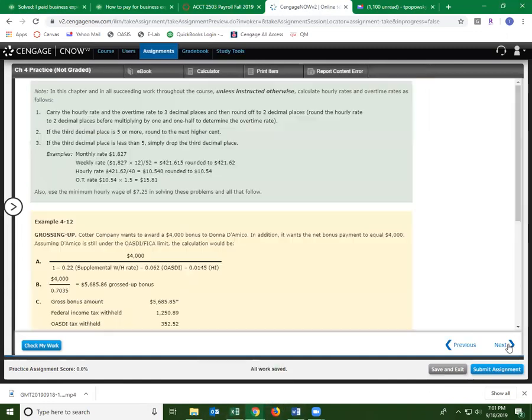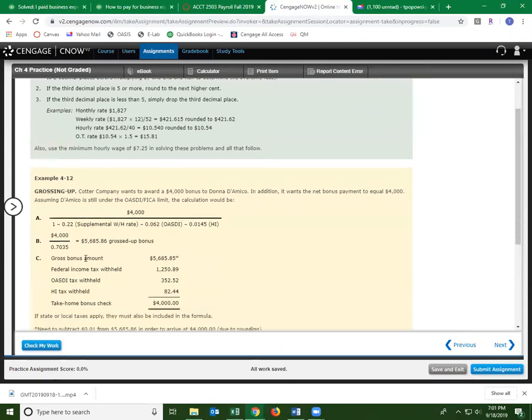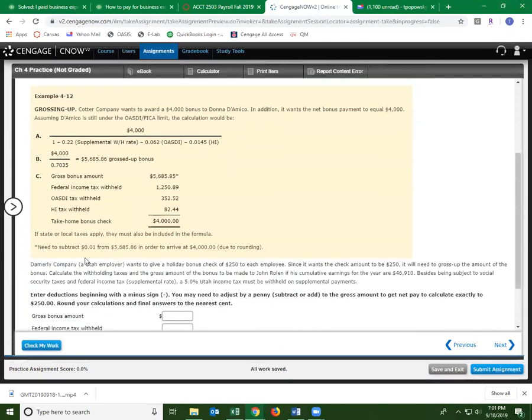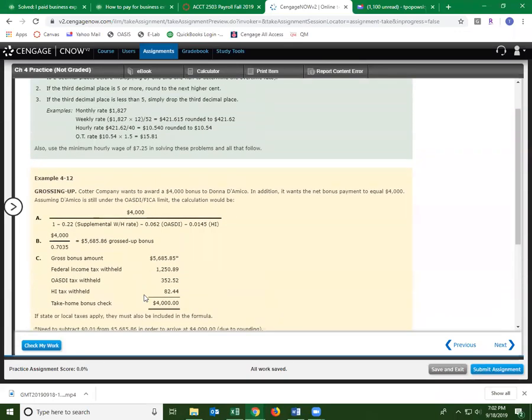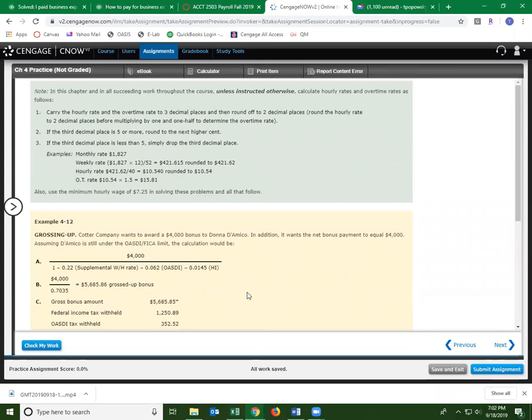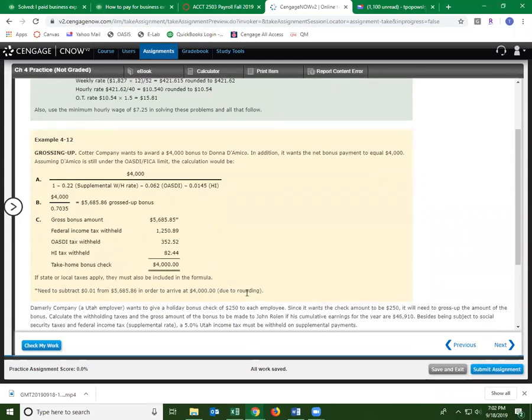And I'm going to move on to the second example. The second example is actually doing grossing up. So what that means is, grossing up sounds gross, but it's really not, is when a company decides that they want to give some employees a specific bonus check amount. So they want their take-home pay to be a certain amount.